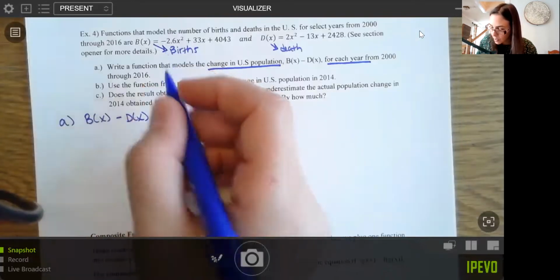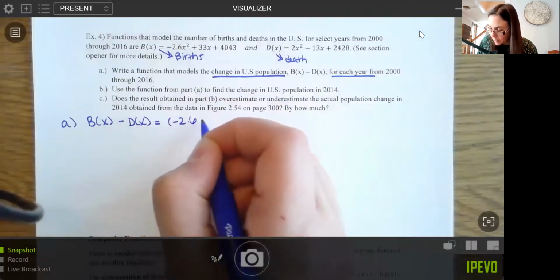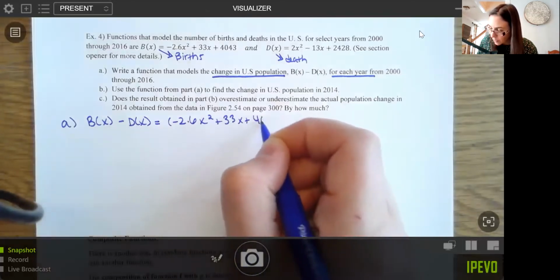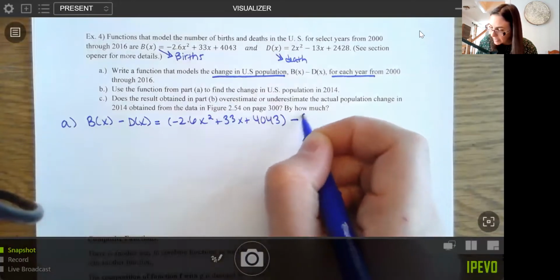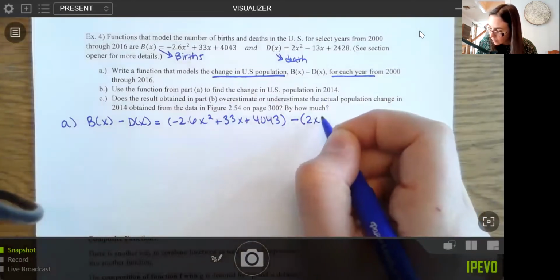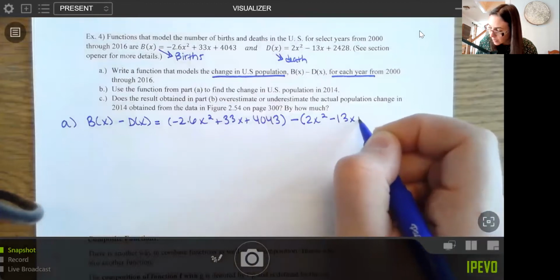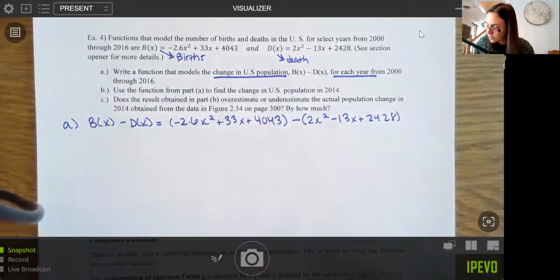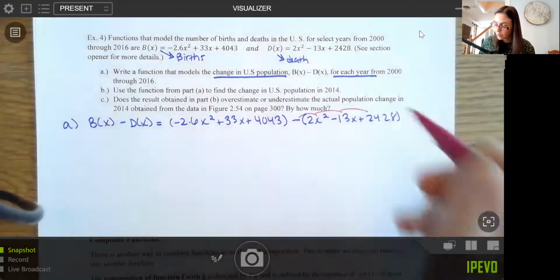So my B function, negative 2.6x squared plus 33x plus 4,043, minus my D function, 2x squared minus 13x plus 2428. Now just be a little careful because of that subtraction, you do need to distribute that through.